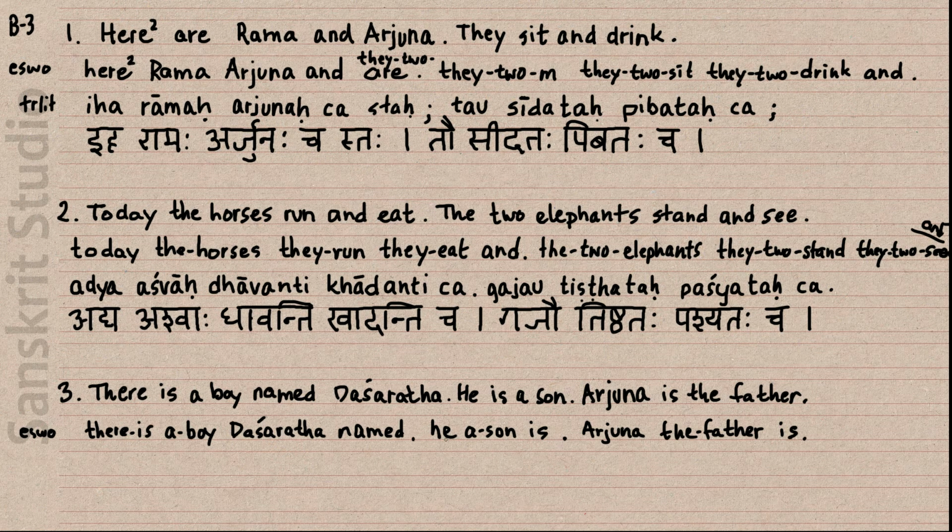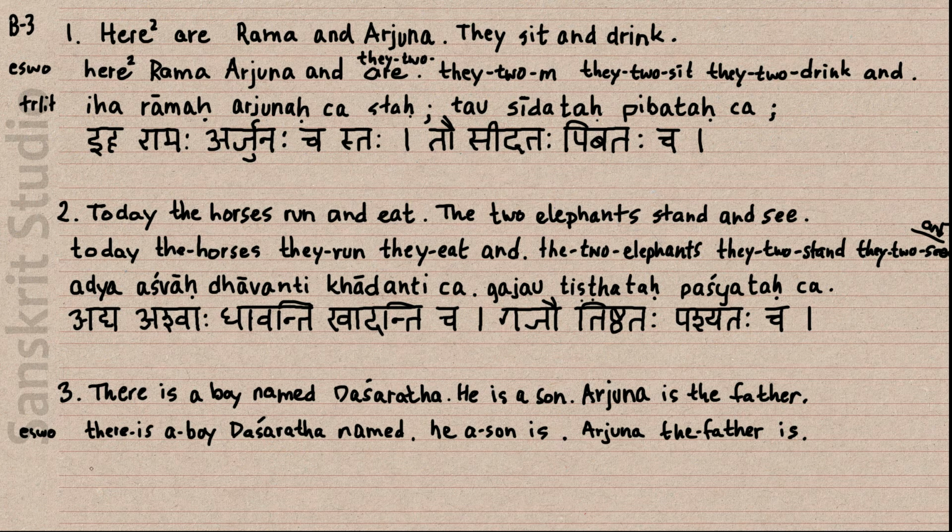So instead of the pronoun he, we do Arjuna, a noun. And then instead of a son here, the noun son, we use the father here. So it's the same syntax in both those sentences.